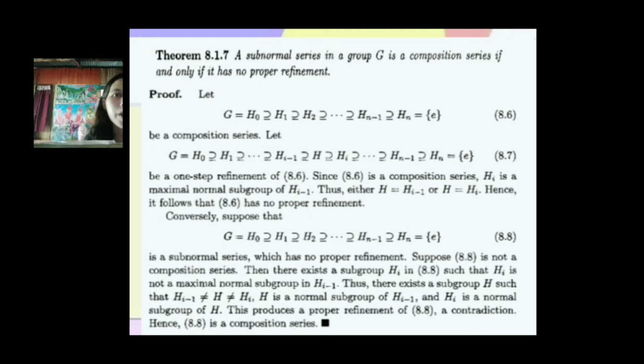Theorem 8.1.7. A subnormal series in a group G is a composition series if and only if it has no proper refinement. Proof. Let G = H_0 ⊇ H_1 ⊇ H_2 ⊇ ... ⊇ H_{n-1} ⊇ H_n = {e} be a composition series.